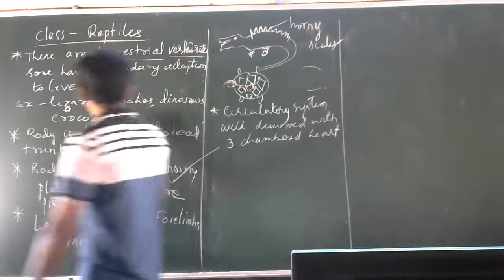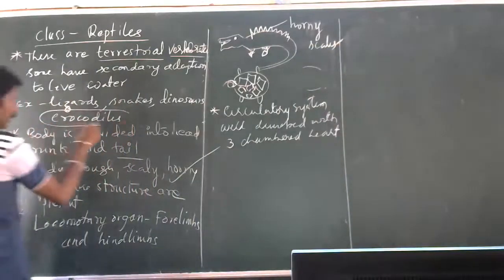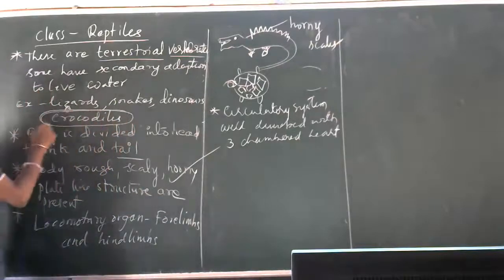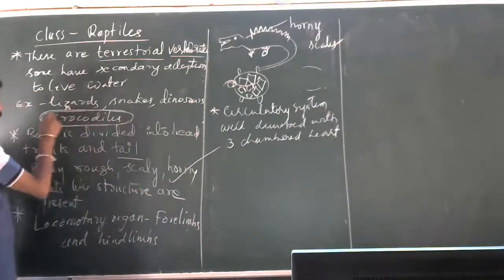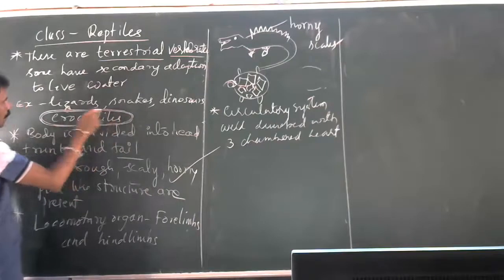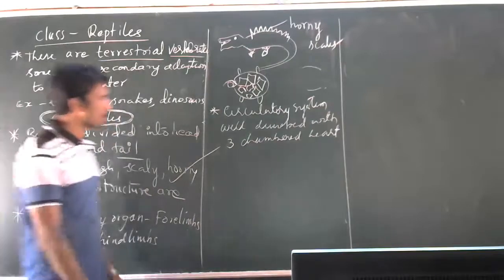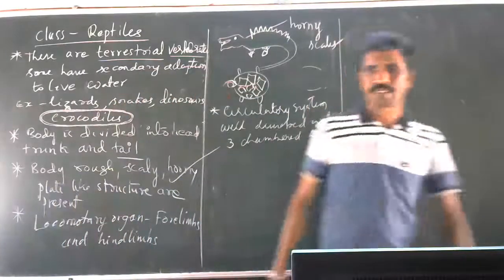But the crocodile has an incomplete 4-chambered heart. Crocodile is the only animal in this group with an incomplete 4 chamber.